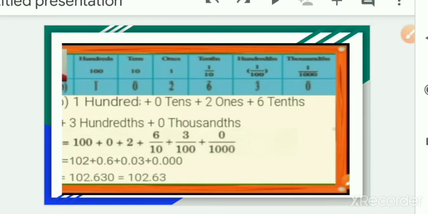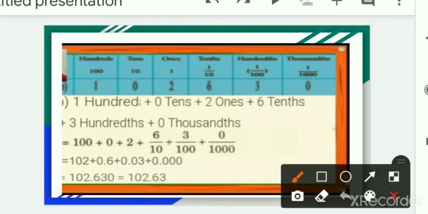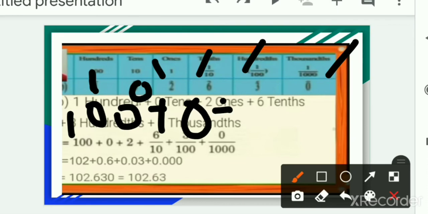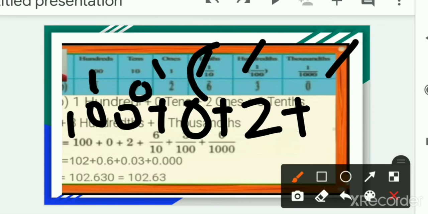Same way we have the B part. It is given that ones is 2, tenths is 6, hundredths is 3, thousandths is 0. And here hundreds is given 1 and tens is given 0. So 1 hundred means it is 100, plus 0, plus ones is 2, plus the tenths part is 6, it means 6 upon 10.